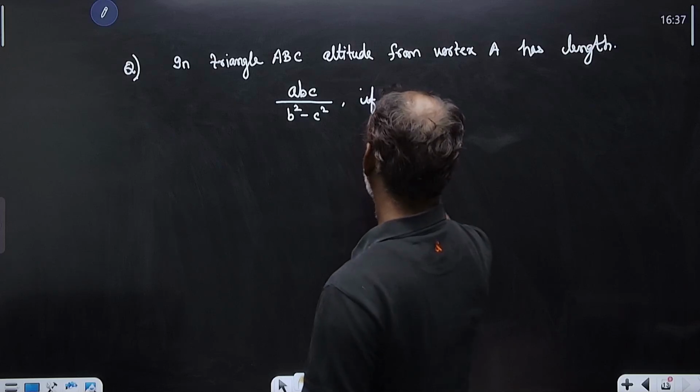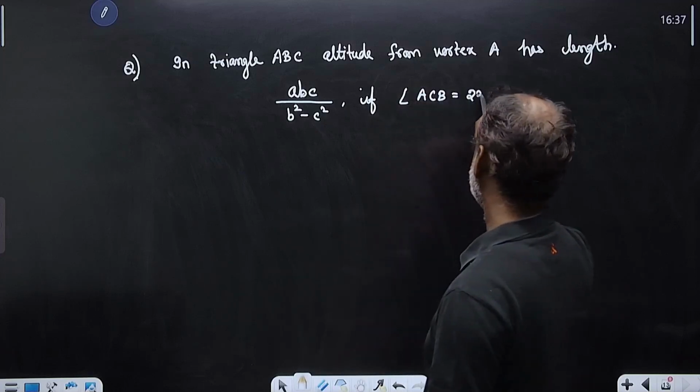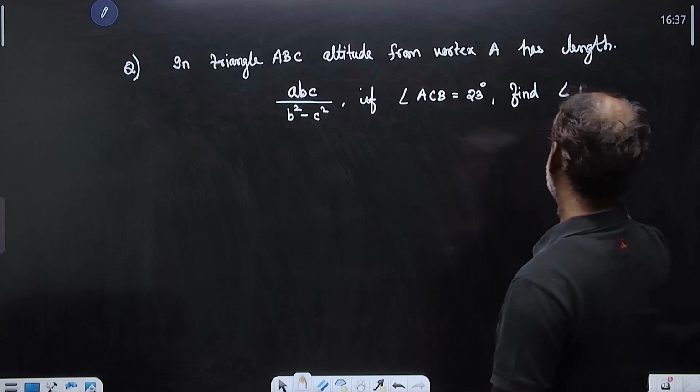If angle ACB is 23 degrees, find angle BAC.